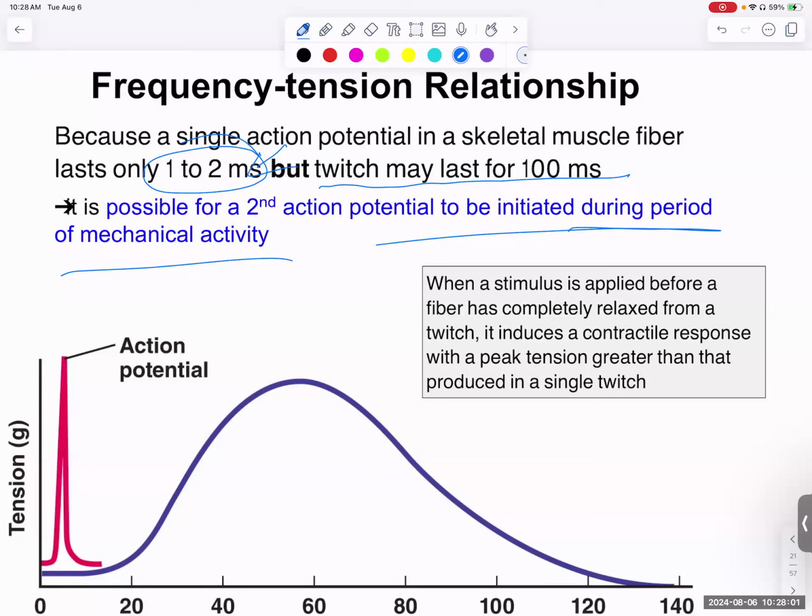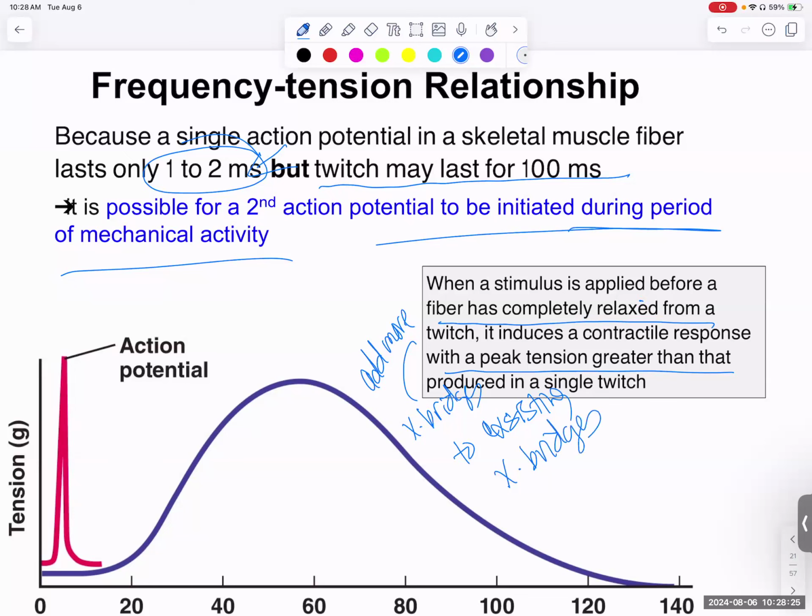That's just saying you can add more cross bridges while you still have cross bridges formed. And so when a stimulus is applied before the fiber has completely relaxed, then you can add more cross bridges to the existing cross bridges. Right? So the force can get stronger.